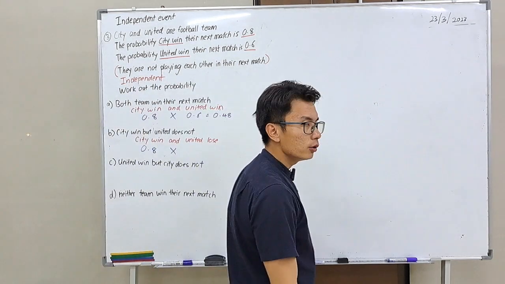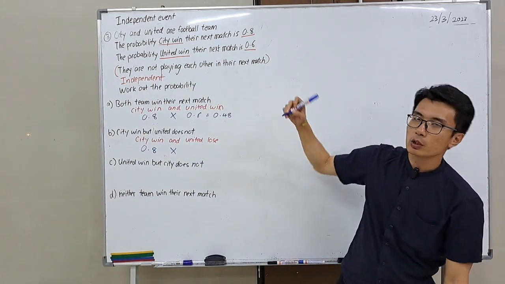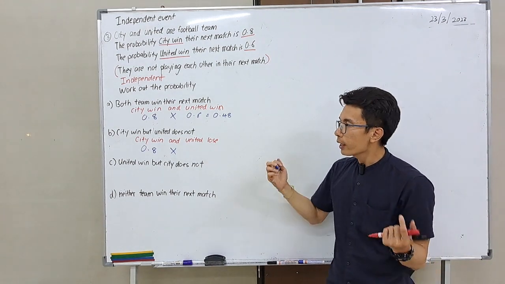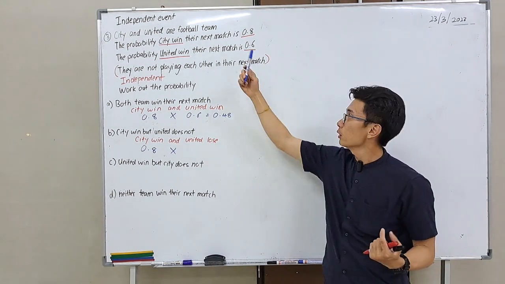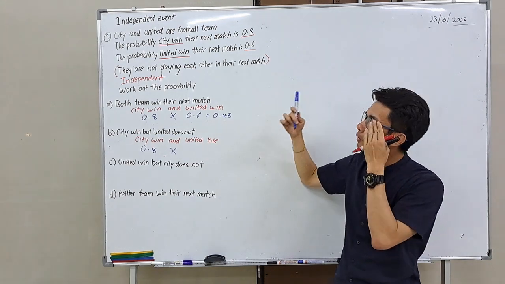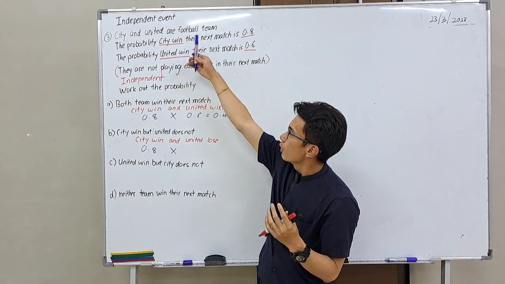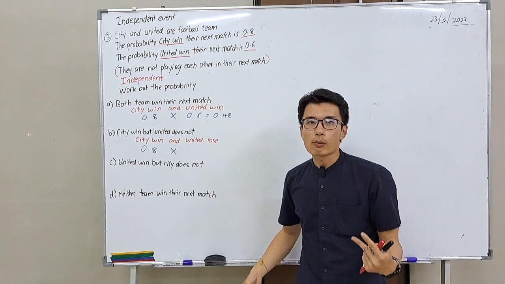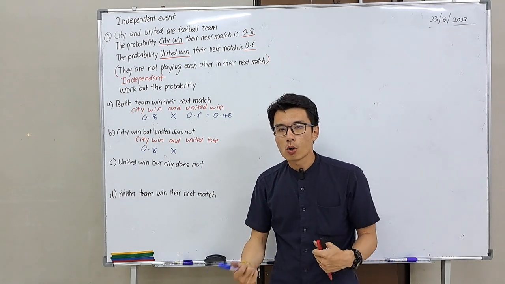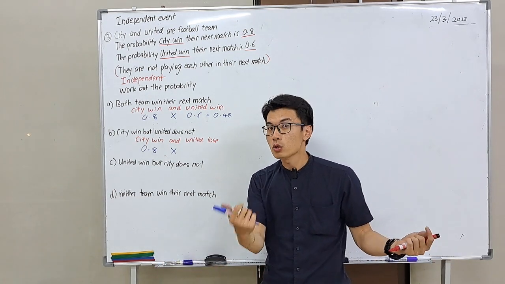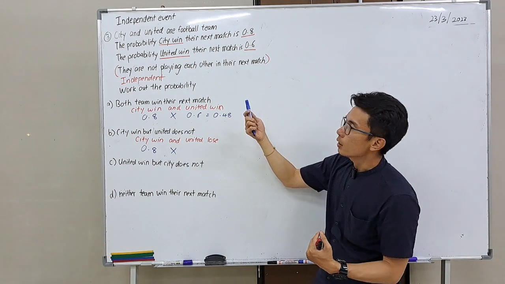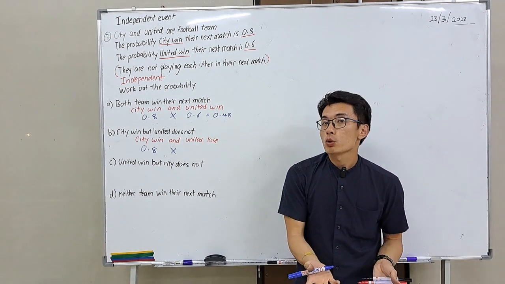United lose is not given in the question, but we can actually find out from the information itself. Let's take a look at United. In a game there are two outcomes: you either win or lose the game. So again, the outcomes are mutually exclusive.